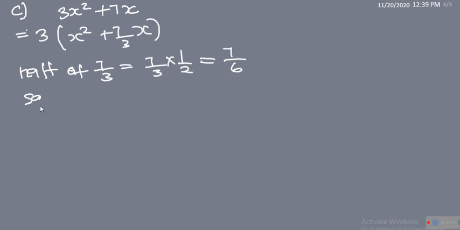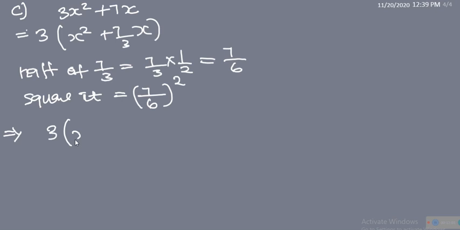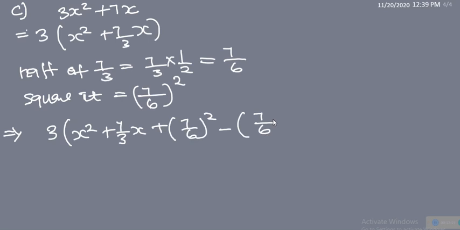And then the next step is to square the half. So we have 7 over 6 all squared. And of course the next step is to add this square and subtract it again from the expression inside the bracket. So we have the expression x squared plus 7 over 3x plus the square of the half minus the square of the half again. Then we close that bracket.